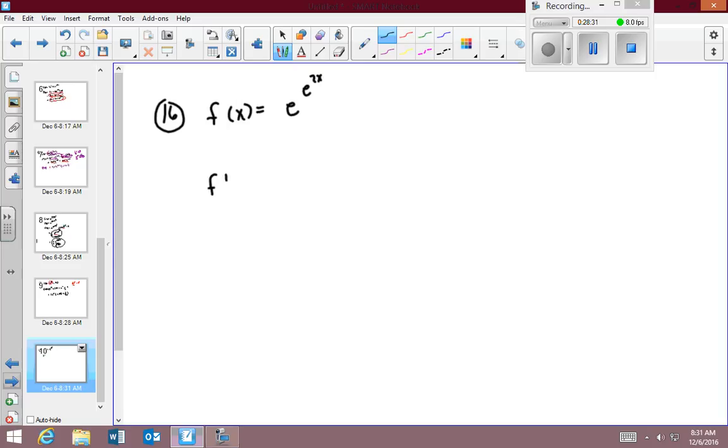So if you take the first derivative, it's going to be e to the power e to the 2x, times the derivative of the exponent, so that is e to the 2x. Then we have to take the derivative of that exponent, which is 2. So this is 2 e to the 2x, e to the e to the 2x.